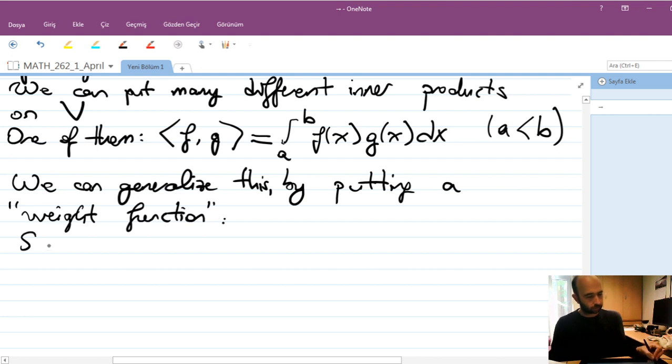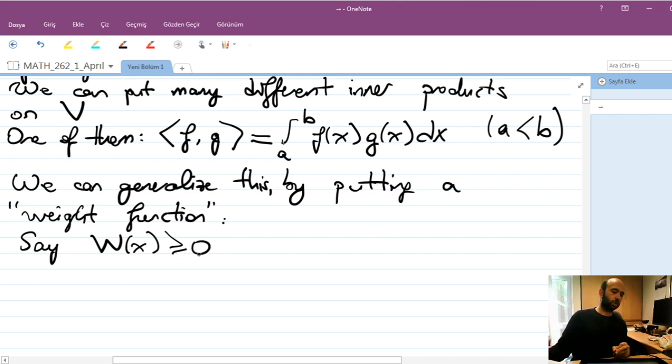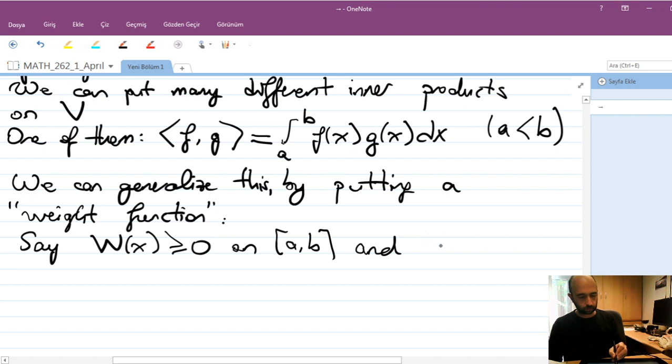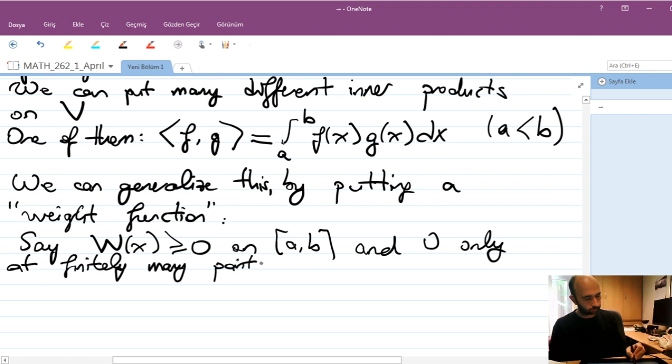Suppose that w(x) is a function which is non-negative on [a, b], and for ease of presentation, let me say it is allowed to be 0 only at finitely many points. This is definitely not the most general thing you can write, but let's stick to this.